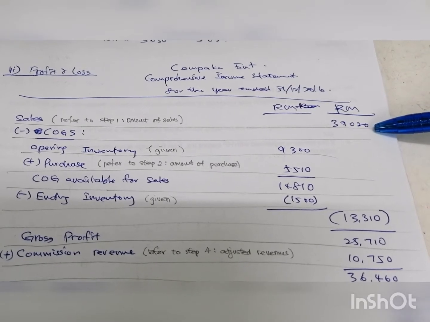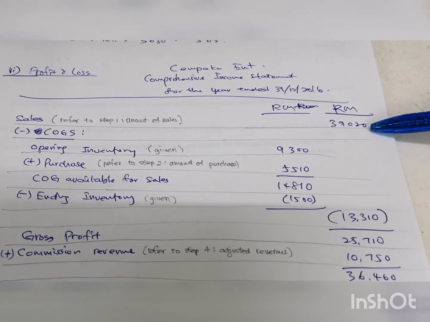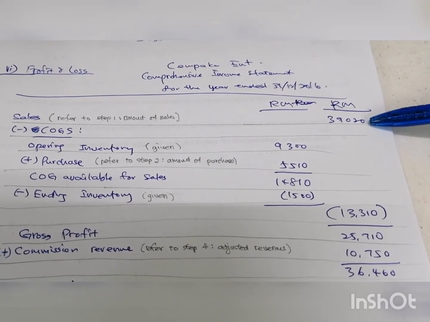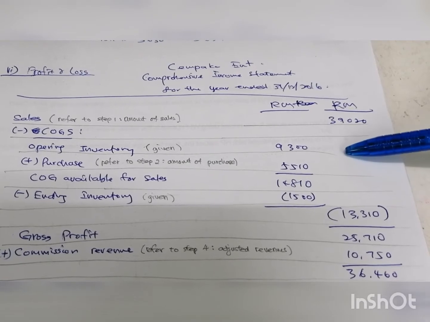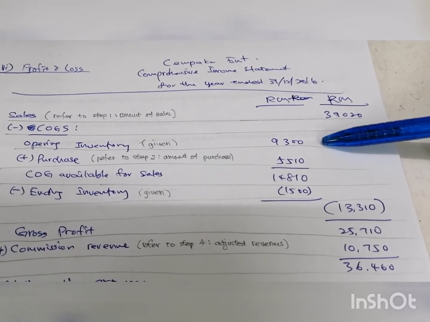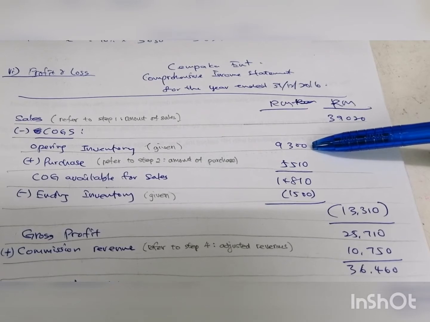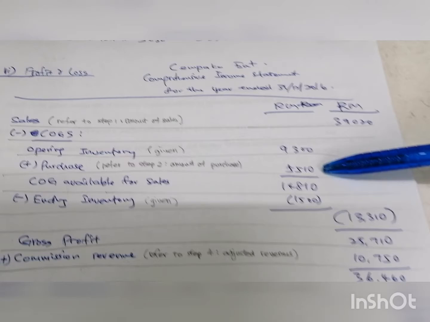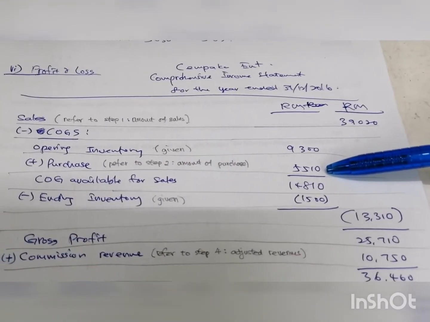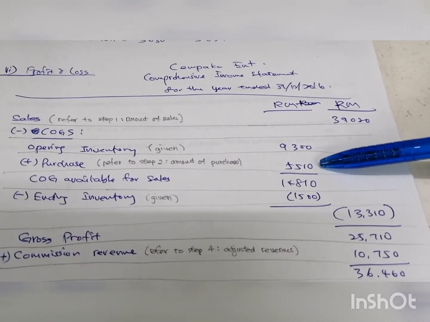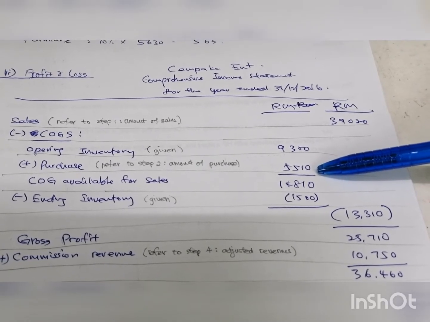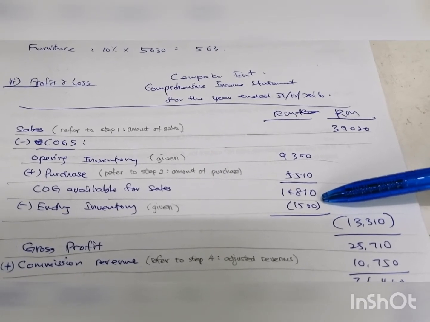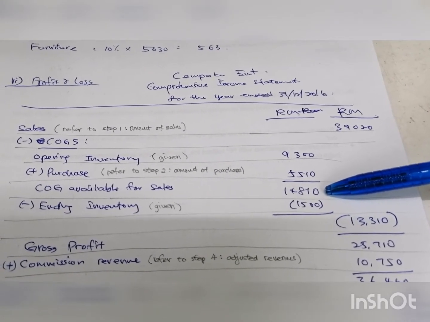So sales, as we calculated in step 1, the amount of sales we got is 39,020, minus cost of goods sold, and the opening inventory is given, 9,300. Okay, then plus the purchases. The purchases, we refer to step 2. The amount of purchases is 5,510. So we get the cost of goods available for sale, 14,810.